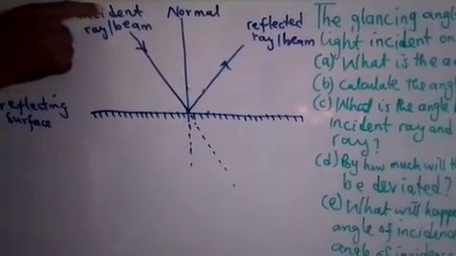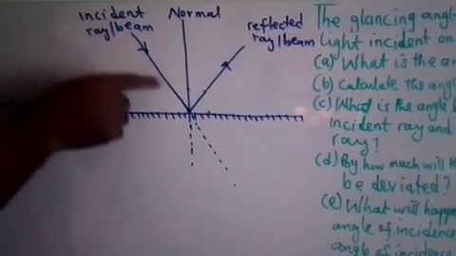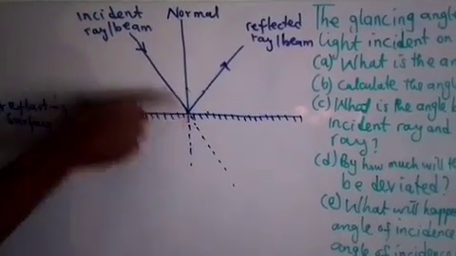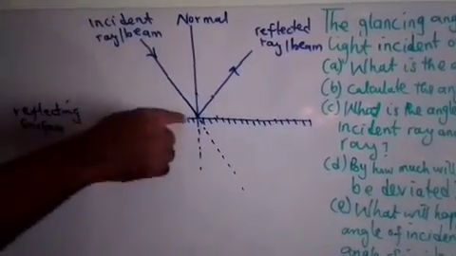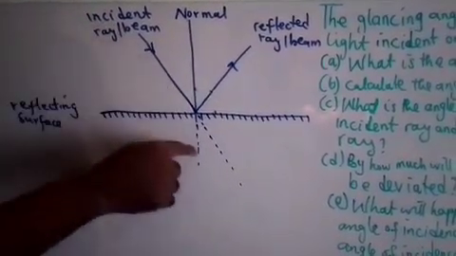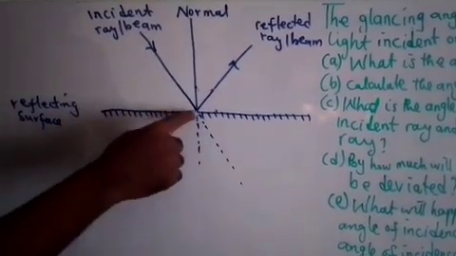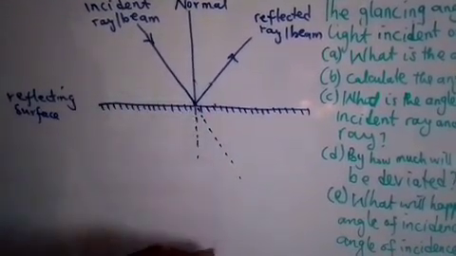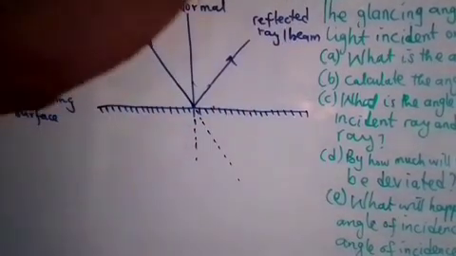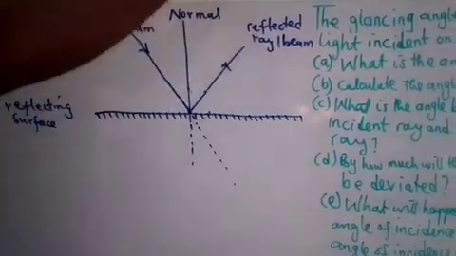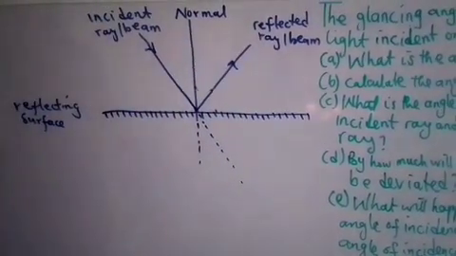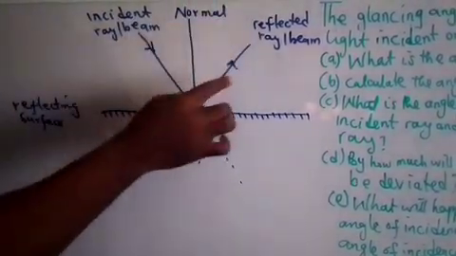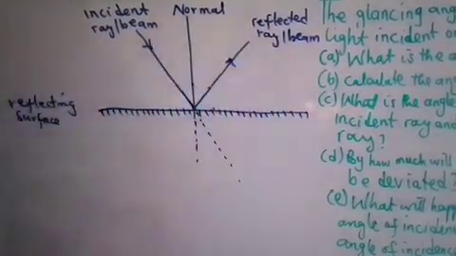Now, this is the beam of light coming in on the surface. It is called the incident beam. The one that is coming in onto the surface is the incident beam. Now, remember, as a reflecting surface, the light cannot pass through. It's going to bounce off in this direction. This one that bounced off from the surface, going back into the same medium where it came from, is the reflected ray or reflected beam.